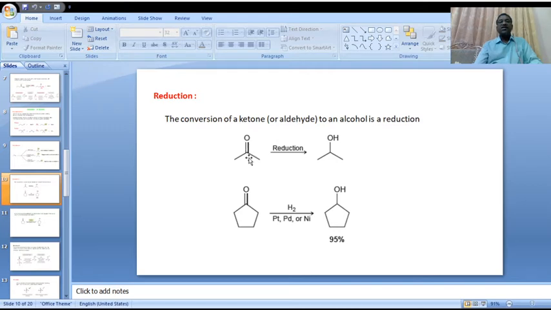Here in this carbonyl carbon, the C and O pi bond cleavage takes place.